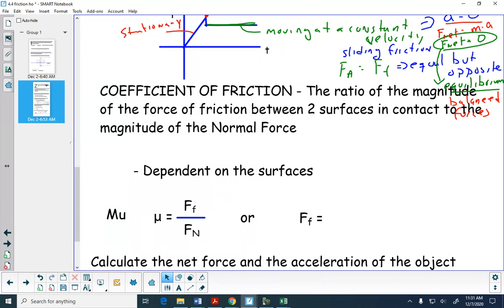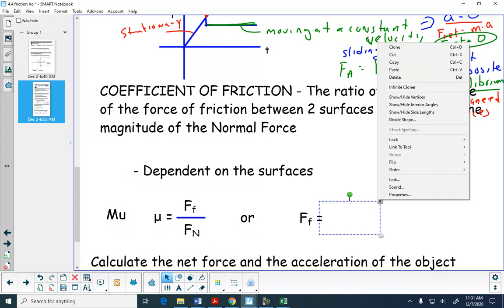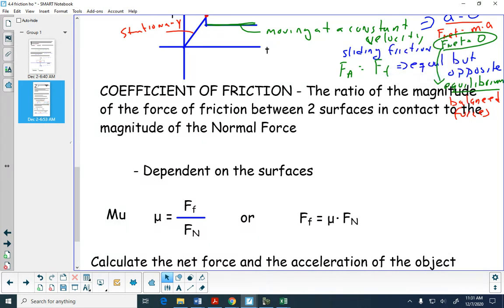Mu is the force of friction divided by the normal force, so if I multiply both sides by the normal force, the force of friction can be calculated by mu times the normal force.